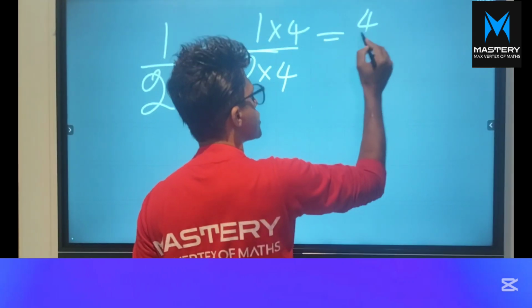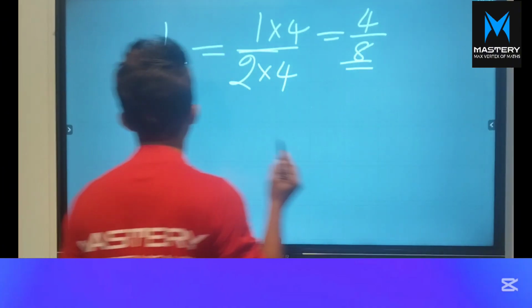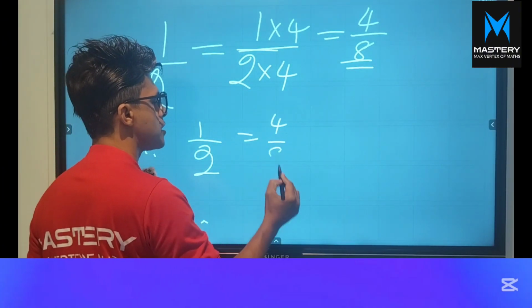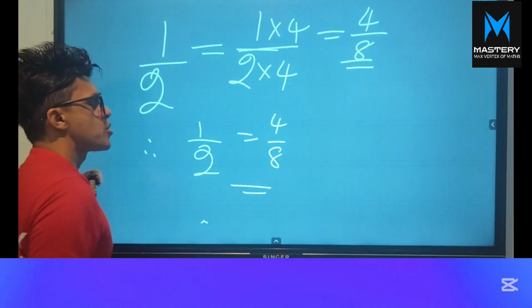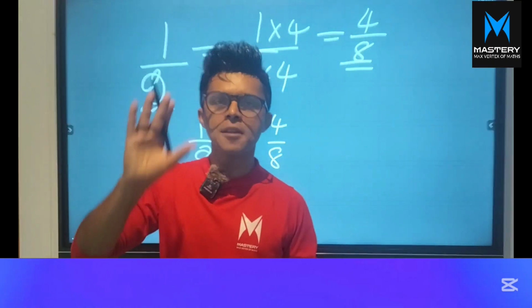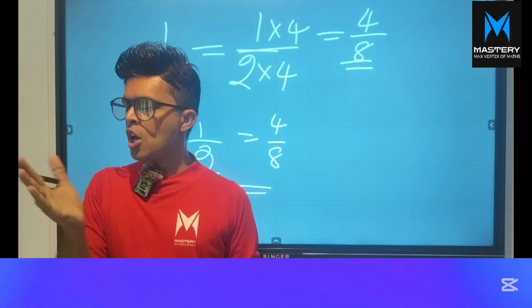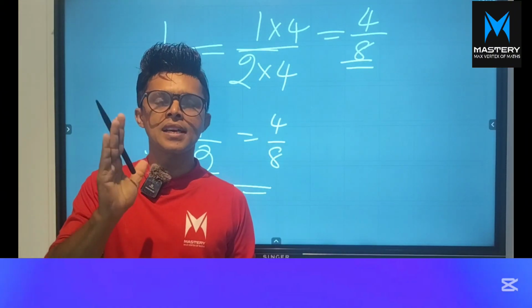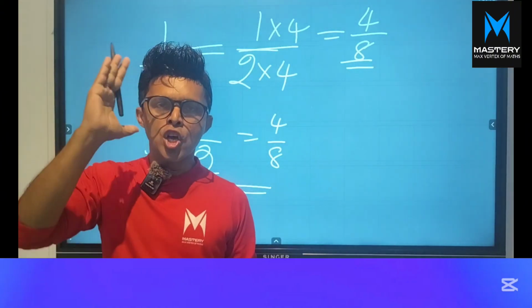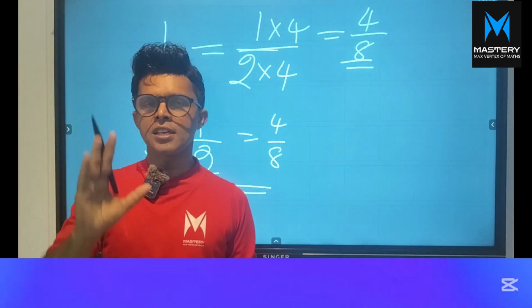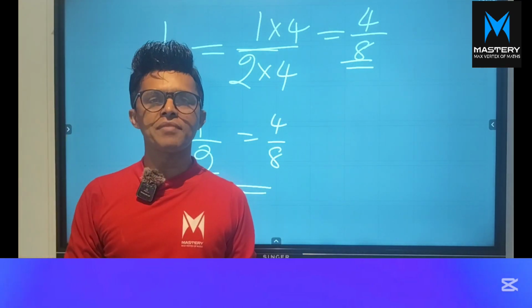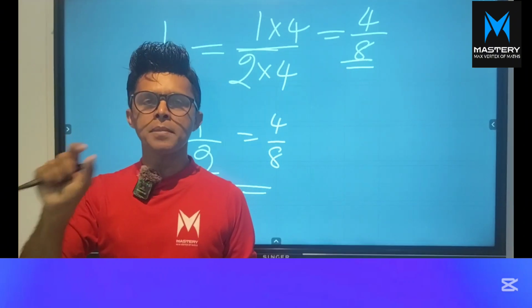So 1 times 4 is 4, 2 times 4 is 8, which means half equals 4 over 8. So the way of writing equivalent fractions to given fractions is that both denominator and numerator can be multiplied using the same digit. That's one way of writing equivalent fractions to a given fraction.